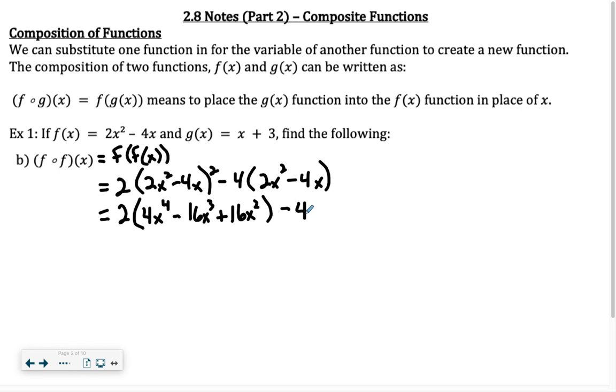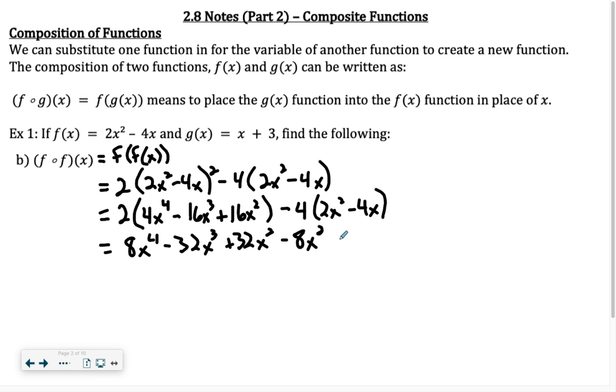Then minus 4 times 2x squared minus 4x. Do my distribution. So I'll have 8x to the fourth minus 32x cubed plus 32x squared minus 8x squared plus 16x. And the only thing that I can combine here is my x squareds. So I will get 8x to the fourth minus 32x cubed plus 24x squared plus 16x.